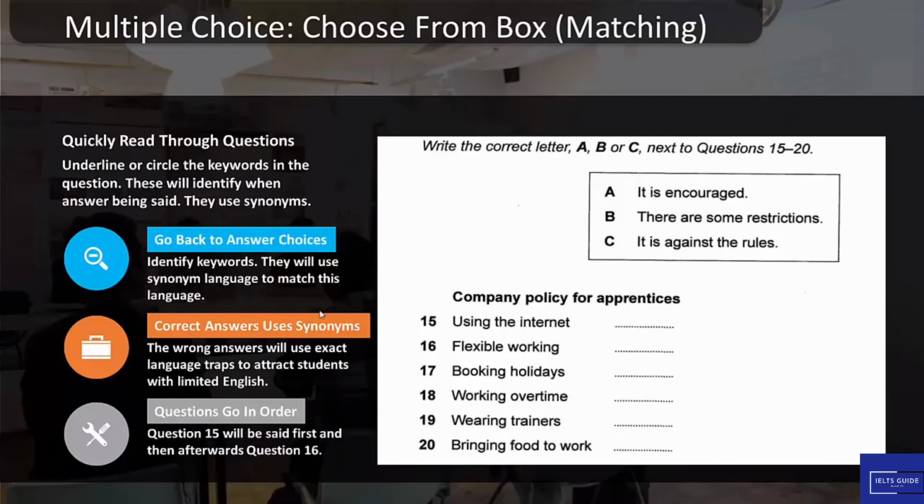They're going to say synonyms of that, and you have to be able to pick up on that match. They're not going to say it's against the rules. They're going to give synonyms of that. Now, in the upcoming lectures, when I'm going through strategy application, I point out the synonym language that they're using so you can really see how that's being done.